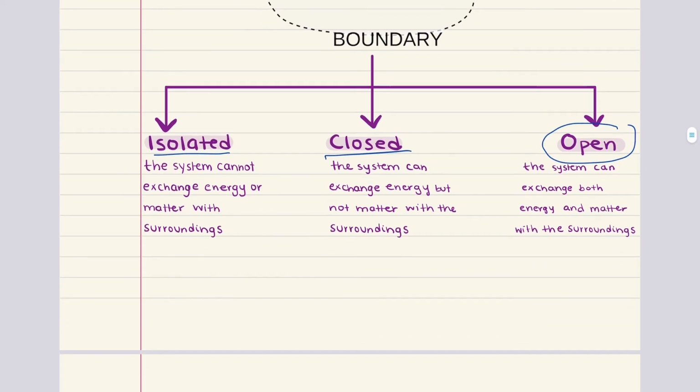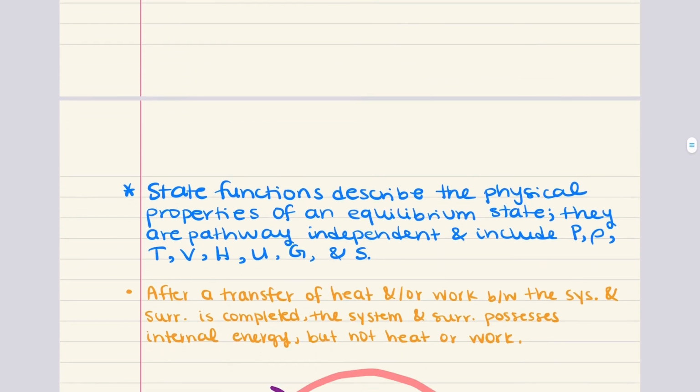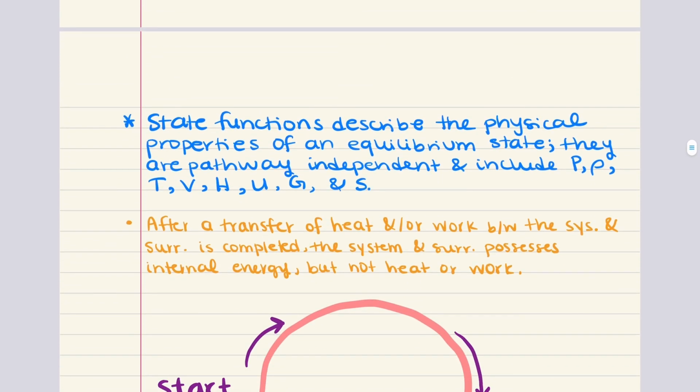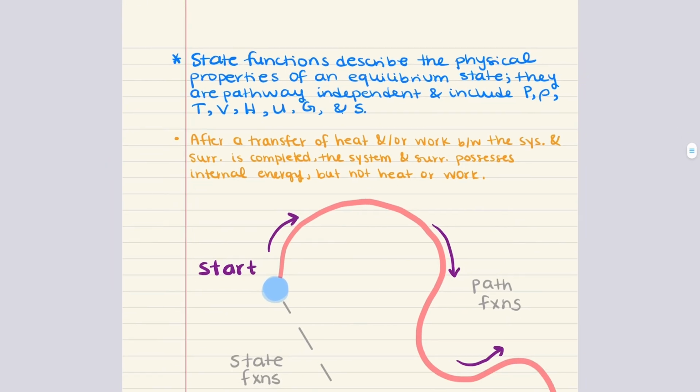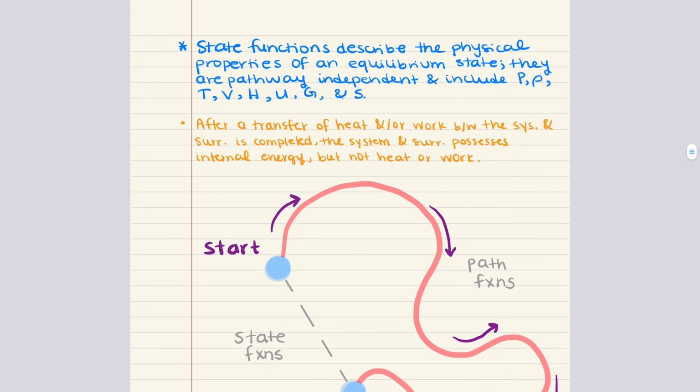Now that we've explored the different types of systems, it's also important to understand a key concept in thermodynamics, and that is a state function. A state function is a property of the system that depends only on the current state of the system and not on how that state was achieved.